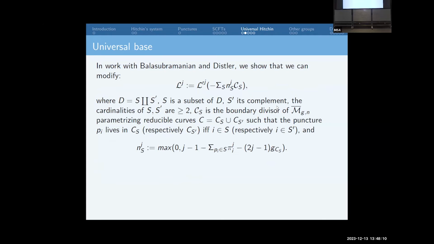So I'm saying, look at any partition of D into two complementary sets S and S prime, and assume that each of them has at least two points in it. So the first case to occur is when D is 4 points, you break it into two and two.